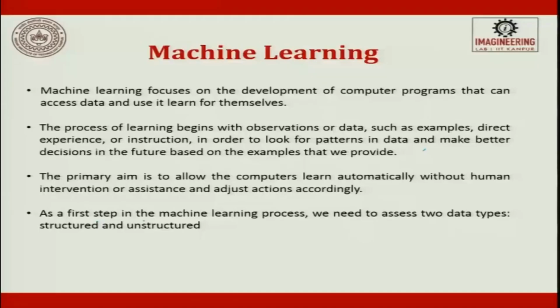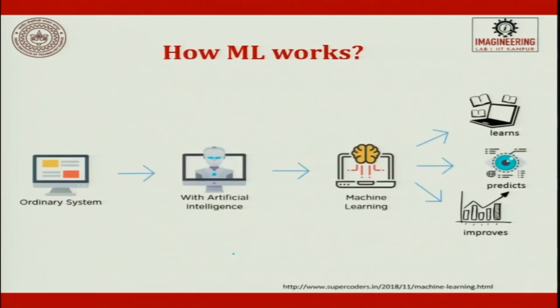Okay. As a first step in the machine learning process, we need to assess two data types, structured and unstructured data. I said in artificial intelligence also, there are two types of data, structured data and unstructured data. How does machine learning work? An ordinary system with artificial intelligence is there.